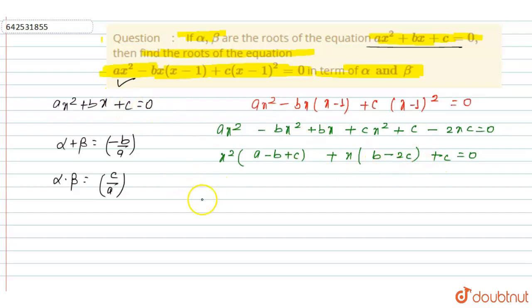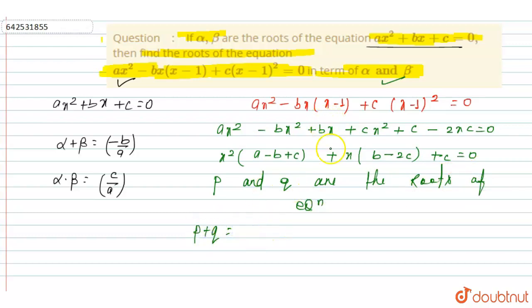Let us assume the roots of this equation are p and q. Then p plus q is equal to minus b by a, where the value of b is b minus 2c, so minus (b minus 2c) upon a, where a is a minus b plus c.